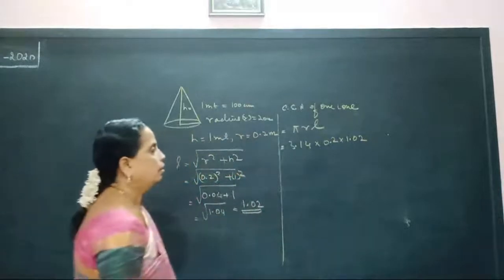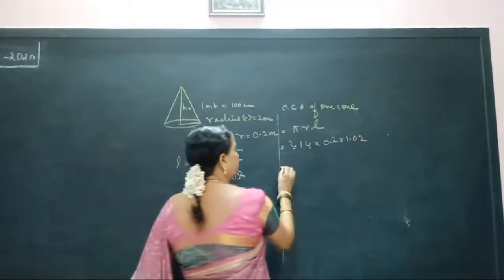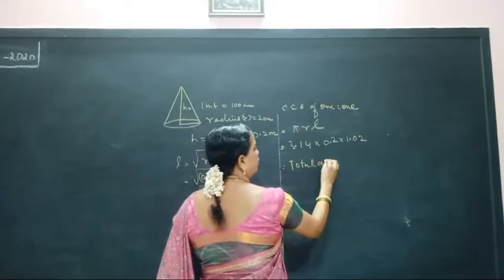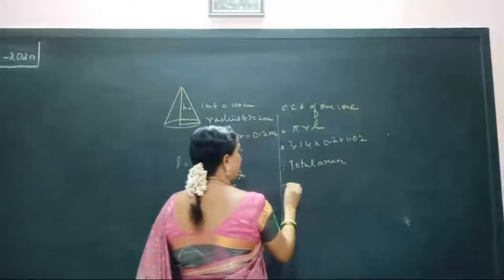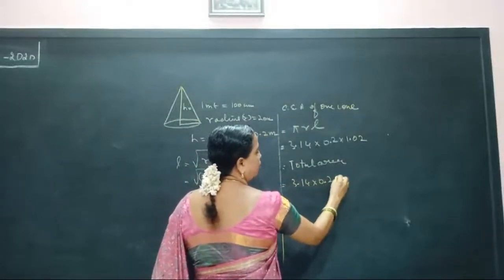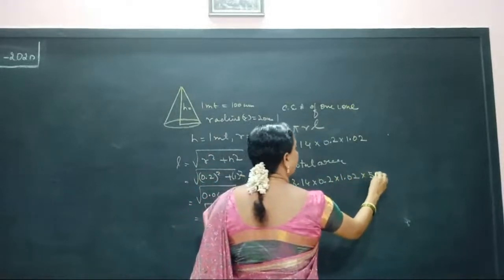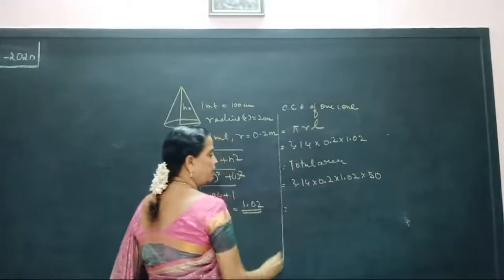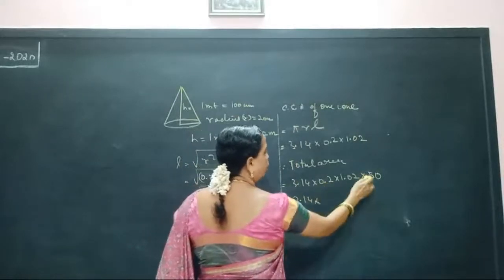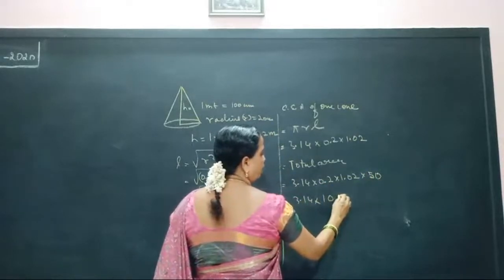This is the curved surface area of one cone into total area. There are 3.14 into 0.2 into 1.02 into 50. Do the calculation. 3.14, 0.2 into 50 is 10.0. Is it clear?